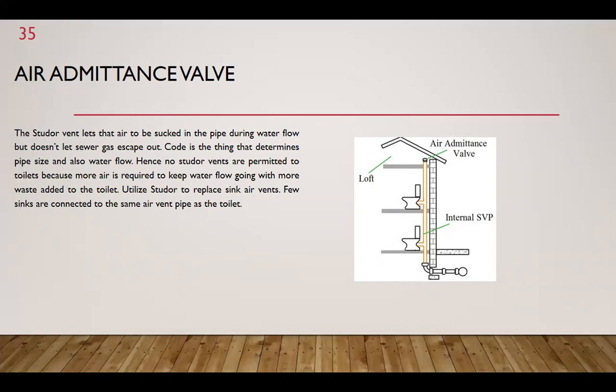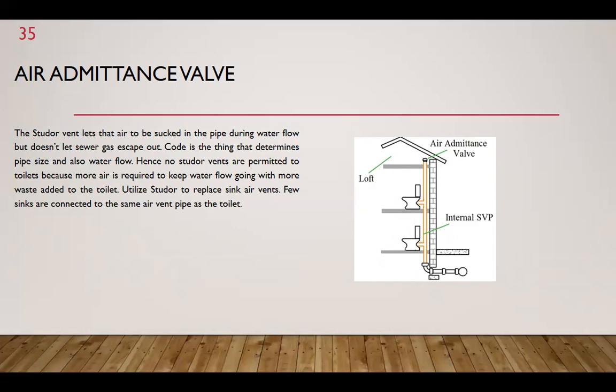Code is the thing that determines pipe size and also water flow. Hence, studor vents are limited to toilets or water closets and urinals, because more air is required to keep water flowing with more waste added to the toilet.